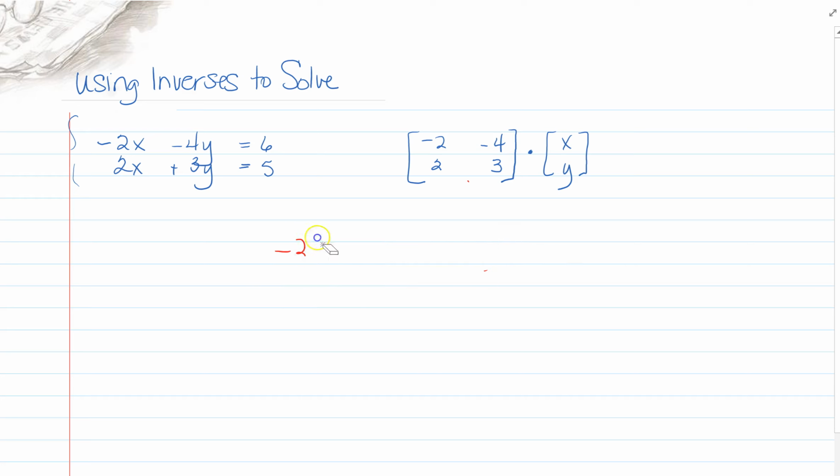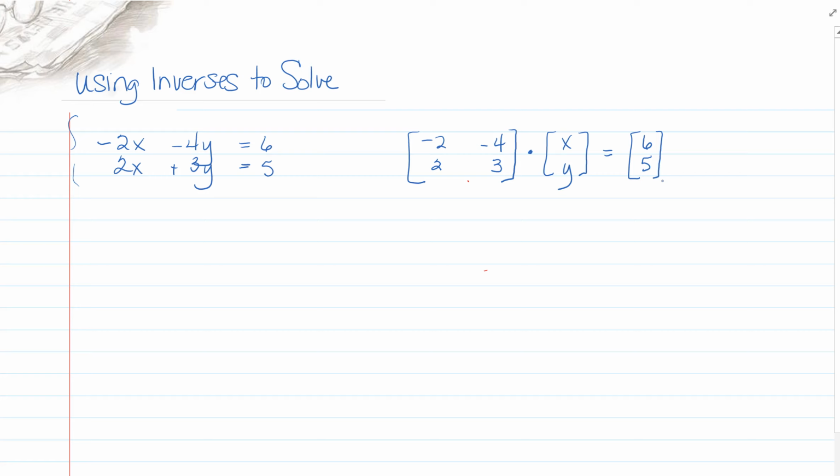So again, your x's are aligned vertically, your y's are aligned vertically, and your x, y, the x on top and the y below. If there was a z, if there were 10 variables, they would be stacked by variables. Now, this is equaling 6, 5.